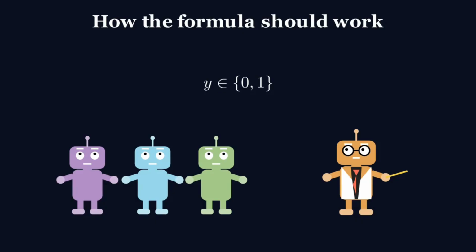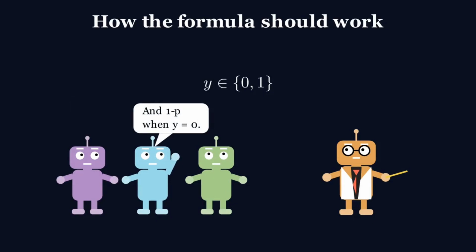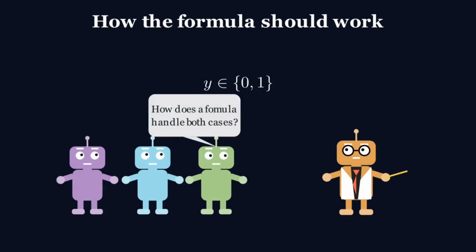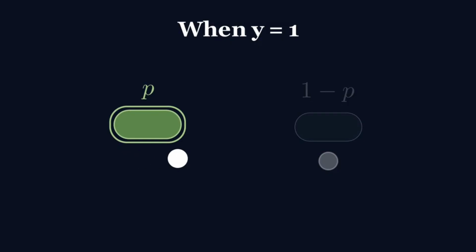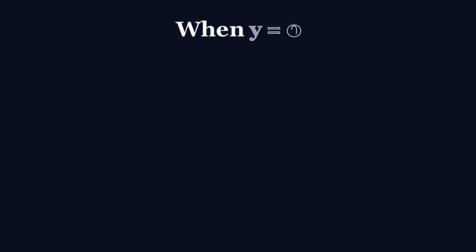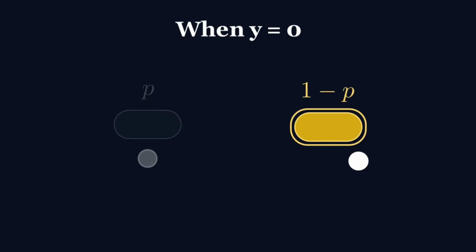So the question is, can we build one formula that automatically chooses P when y is equal to 1 and automatically chooses 1 minus P when y is equal to 0? The easiest way to think about this is like a pair of light switches. When y is 1, we want the P switch to turn on, and we want the 1 minus P switch to turn off. When y is equal to 0, we want the opposite. We want P to turn off and 1 minus P to turn on.